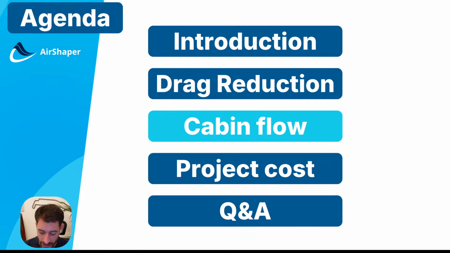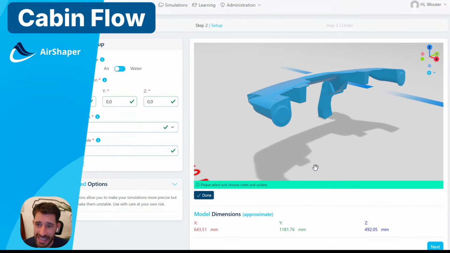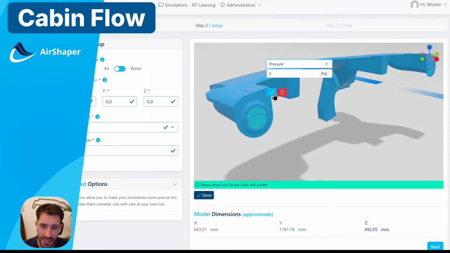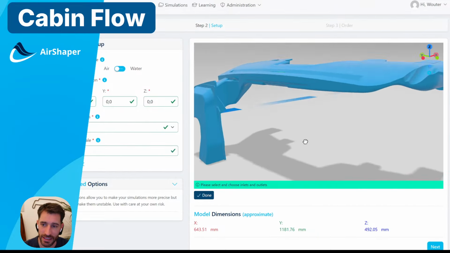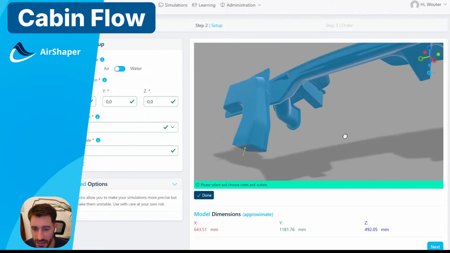If we then look at the cabin flow, as promised, we were also going to look at the internal flow. This is the HVAC system, or at least part of it, where Twike applied a flow rate at the inlet and pressure openings at the outlets inside the cabin. We provided a flow rate of, let's say, 200, or yeah, this is not realistic, 20, 30 liters per second.